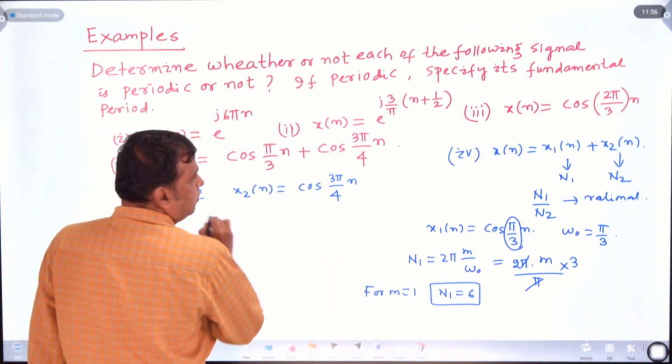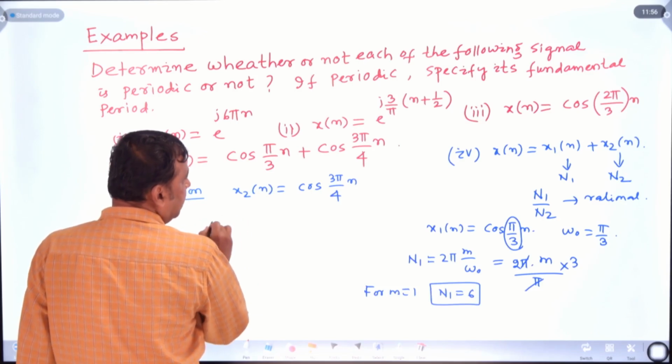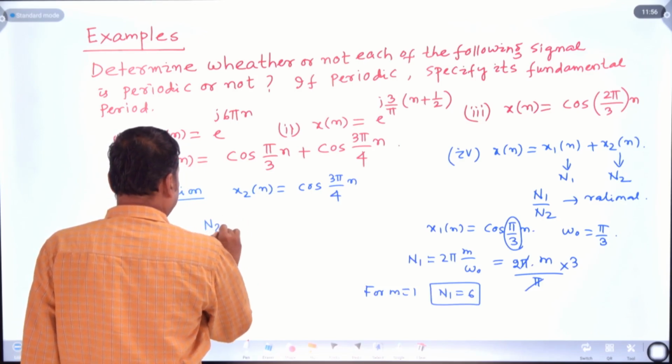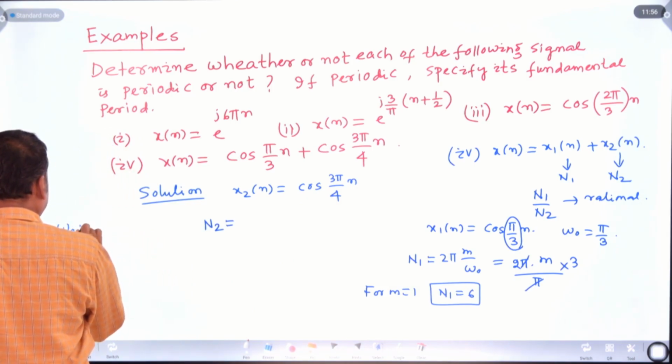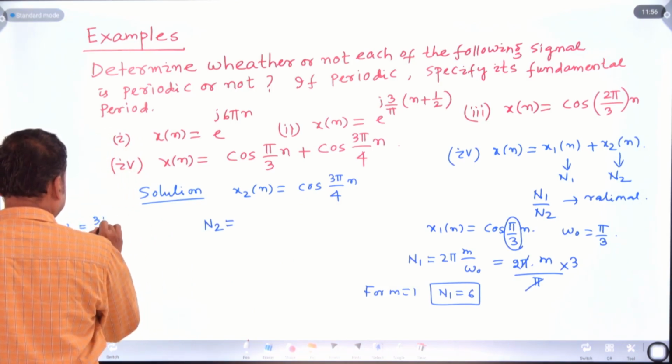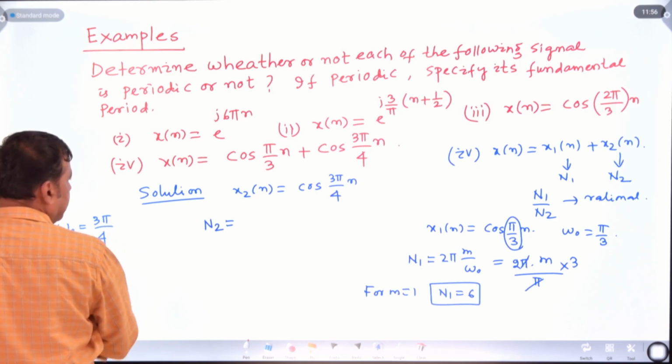So that is our formula to compute n. So n2 equal to, here omega naught equal to 3 pi by 4.